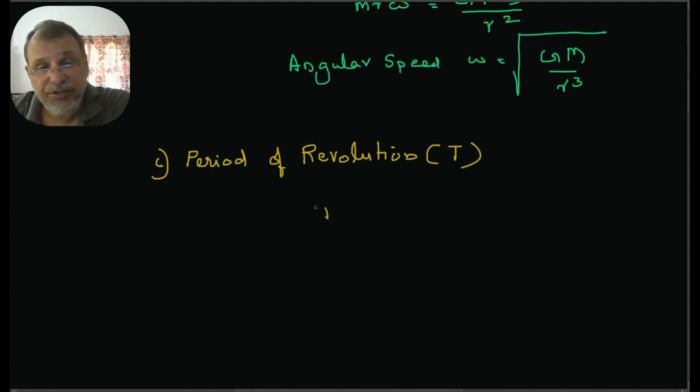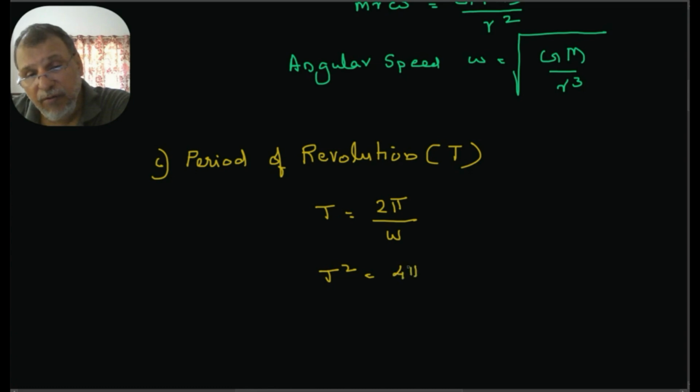Period of revolution T is equal to 2 pi over omega, or you can write T squared is equal to 4 pi squared over omega squared. Omega squared will be G M over r cubed.